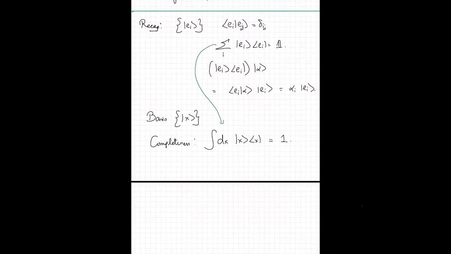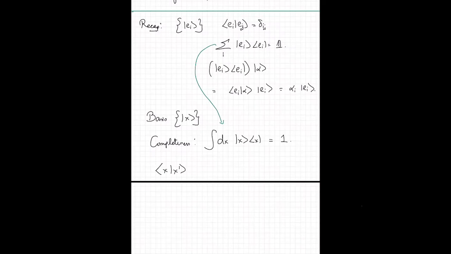Okay. Now, what about orthonormality? Well, if I have two different basis vectors, x and x prime, the orthonormality simply means that if you take the overlap of two different basis vectors, it should be 0. And if you take the overlap of the same basis vector, it should be 1. But in a function space, you would actually see that this is a slightly complicated thing to define.